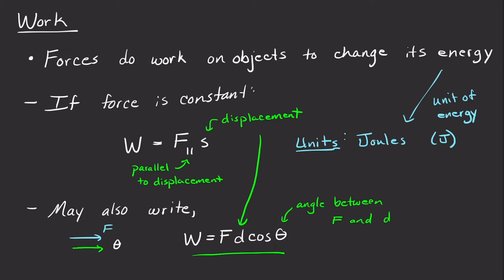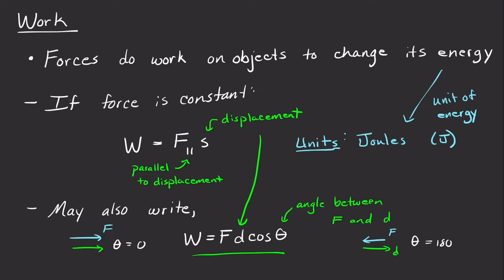So in this case, our angle would be 0. The force could also be to the left, and the displacement could be to the right. We've seen that in cases of friction. Something may be moving to the right, but friction is acting in the opposite direction to slow it down. So in this case, theta would equal 180. And then you could also have forces that are acting at some other angle somewhere between 0 and 180.